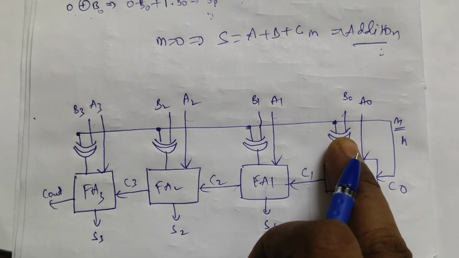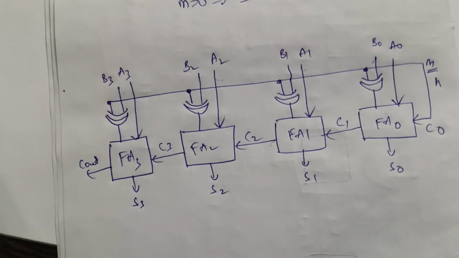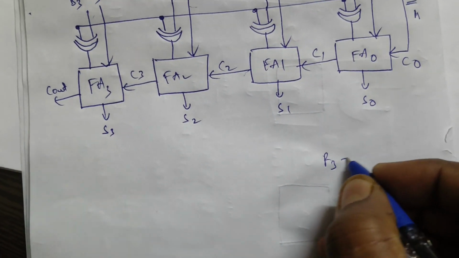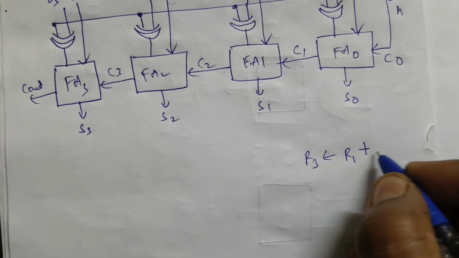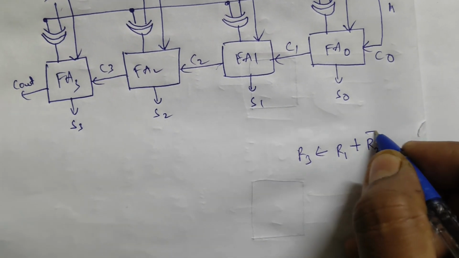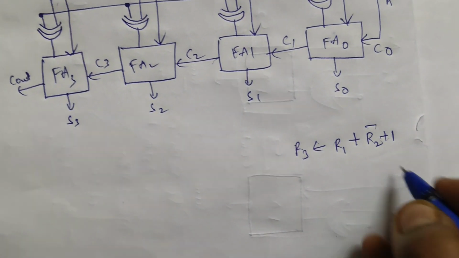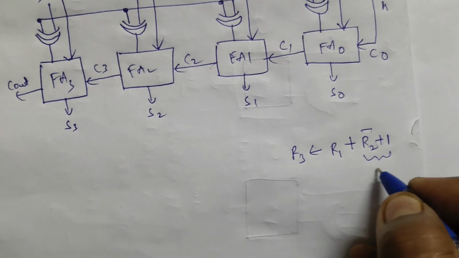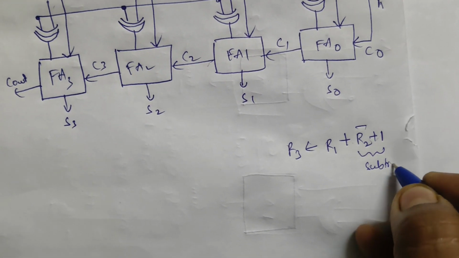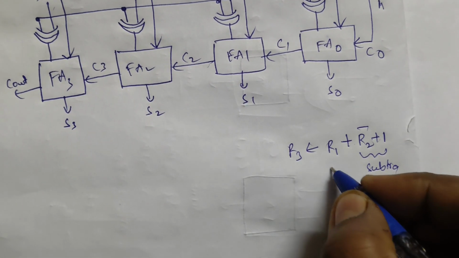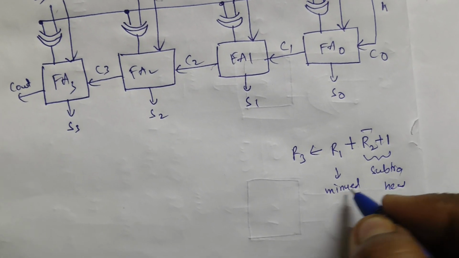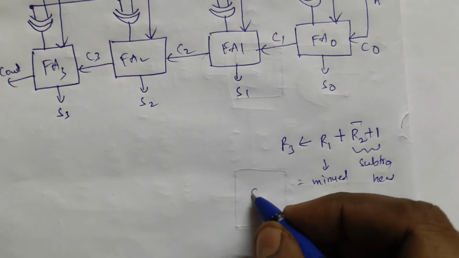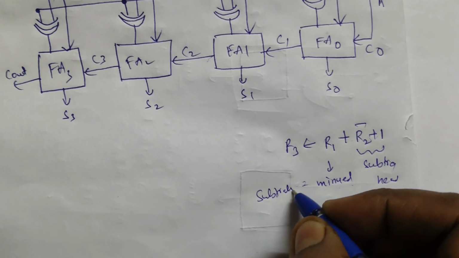For subtraction, if this is one register, we first take the first register and add the complement of the second register plus 1. That means the 2's complement of the subtrahend added to the minuend is nothing but the subtraction process.